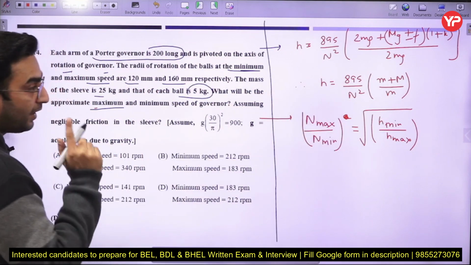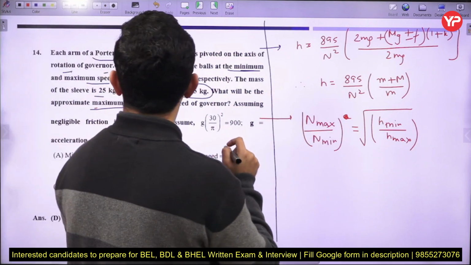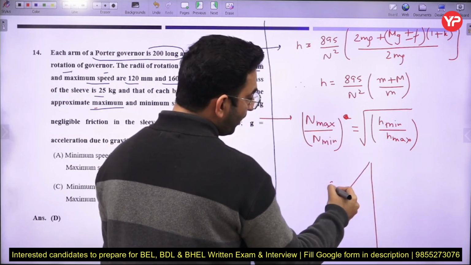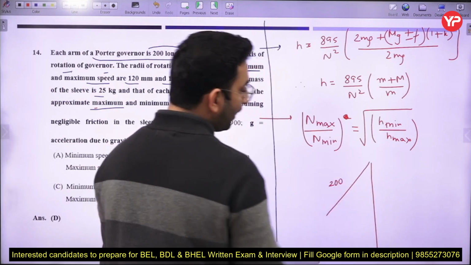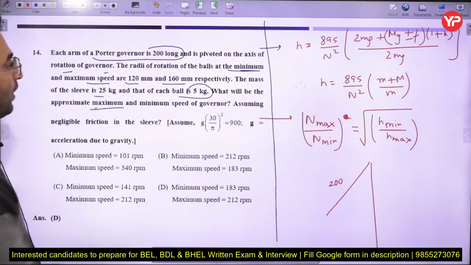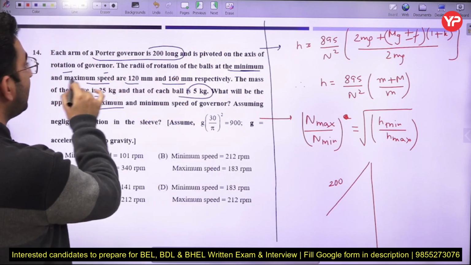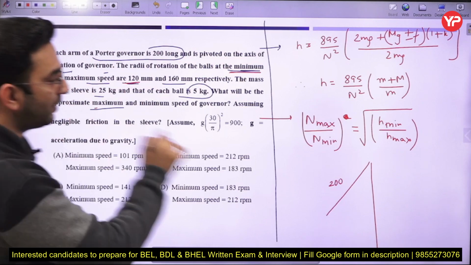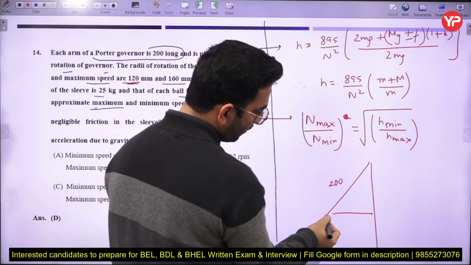So in this case, if you see, in the Porter governor the arms are 200 millimeter long and correspondingly at the minimum speed we have a radius of 120 millimeter here.